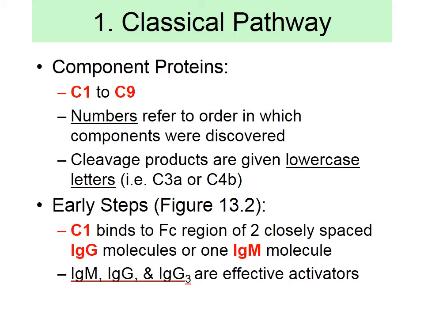And if you look at figure 13.2, in the classical pathway, as I said earlier, the activation factor is C1, and C1 binds to the Fc region of the antibody. These antibodies are especially IgG or IgM. So IgG and IgM are complement fixing antibodies, and this was the question that we asked before as well.